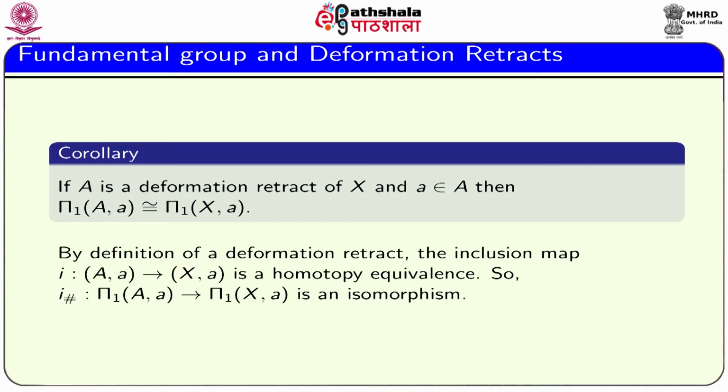So the fundamental group of a topological space X can be obtained from the fundamental group of any of its deformation retracts. The implication of the last corollary is really very powerful, because if we know a deformation retract of a given topological space and know the fundamental group of the deformation retract, then we know the fundamental group of the original space.